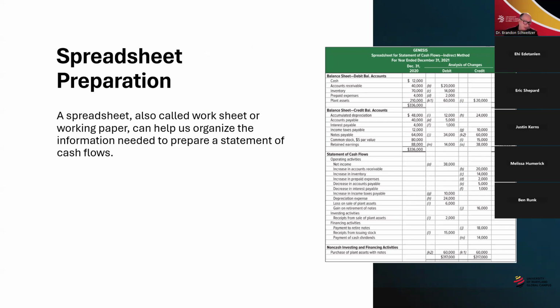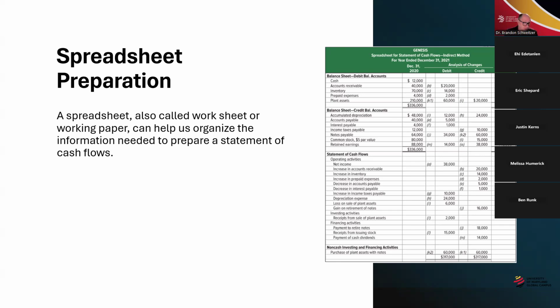In preparing the indirect method spreadsheet to analyze non-cash accounts, it can be quite challenging when a company has a large number of accounts and many operating, investing, and financing transactions. So the spreadsheet is also often called a worksheet or working paper. And it helps us to organize the information needed to prepare the statement of cash flows. A spreadsheet, of course, makes it easy to check the accuracy of our work.